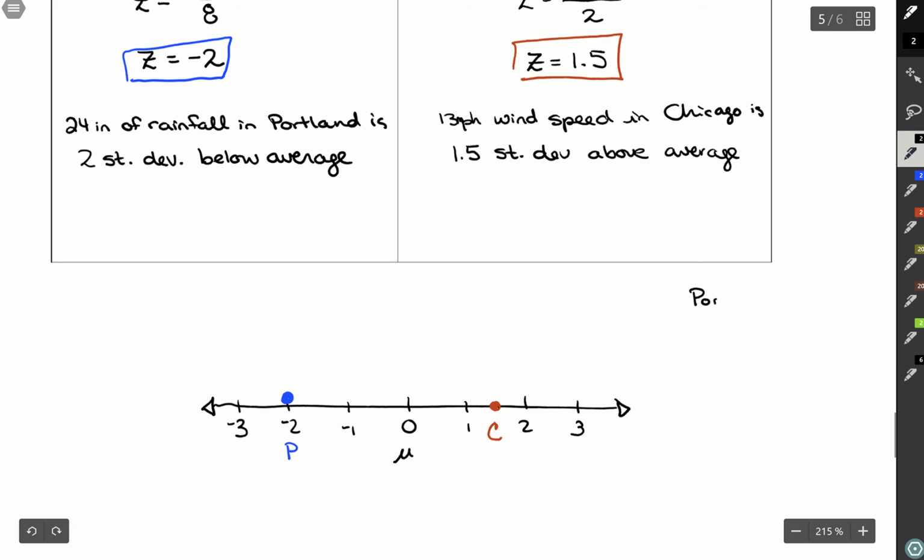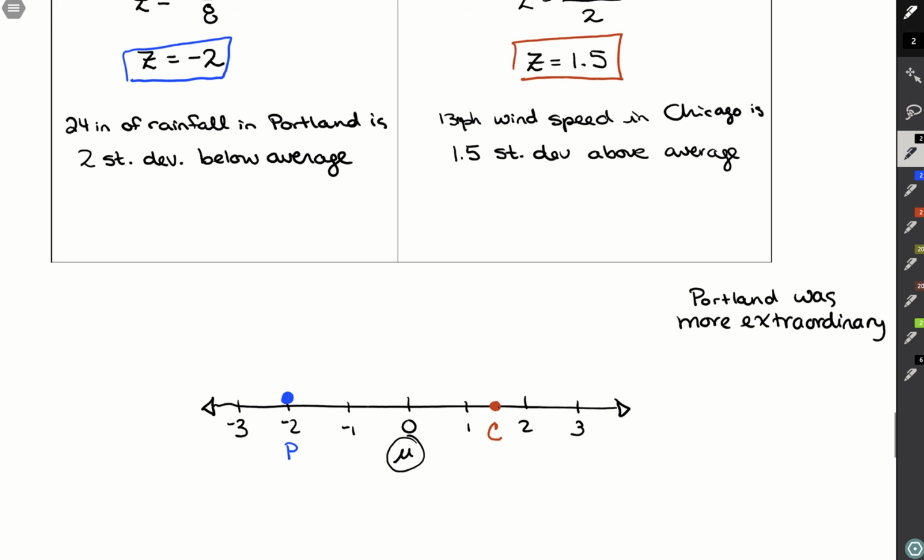So Portland was more extraordinary since it was further from 0. Further from 0, further from the mean is how we would translate that. And actually landing at -2, remember in terms of the empirical rule, what we talked about was being 2 standard deviations away or more.